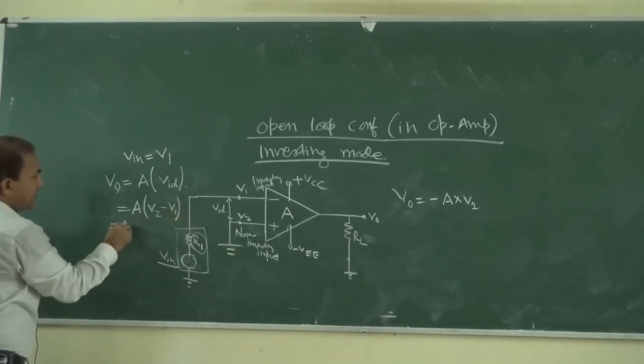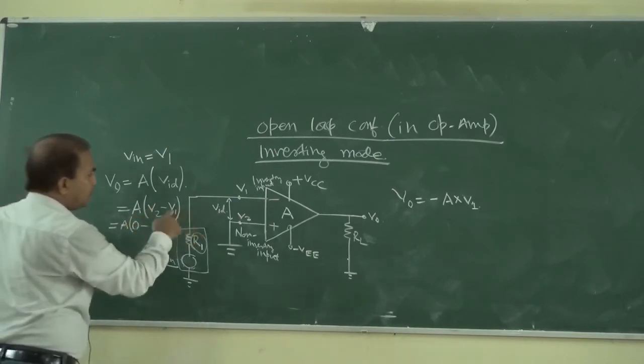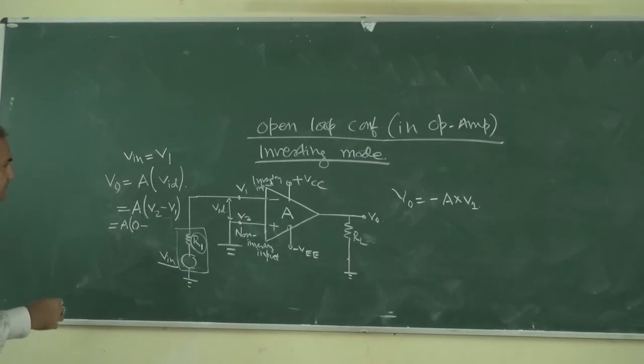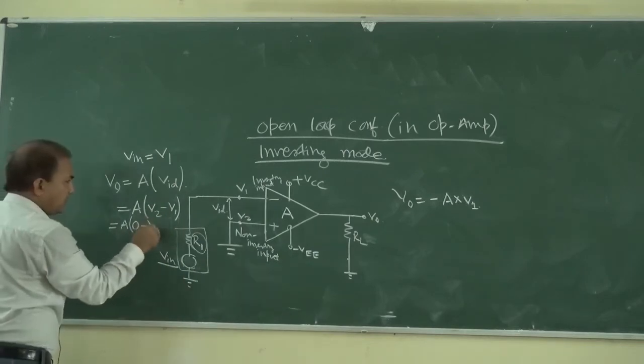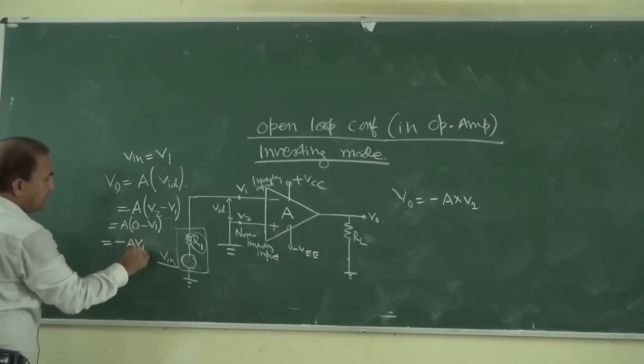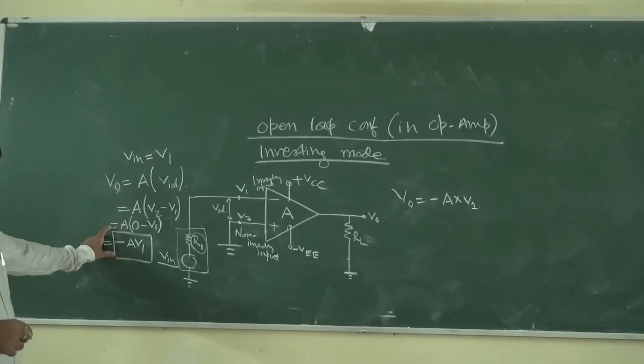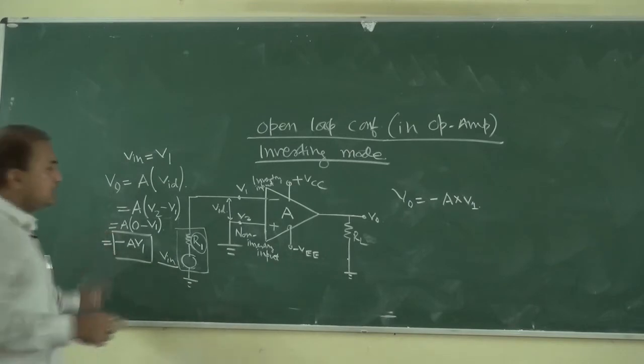So it is equal to A into V2 minus V1, where V2 is 0 and V1 is V in, both are same. So it is equal to minus A multiplied with V1. So this is the expression of V output in case of inverting mode.